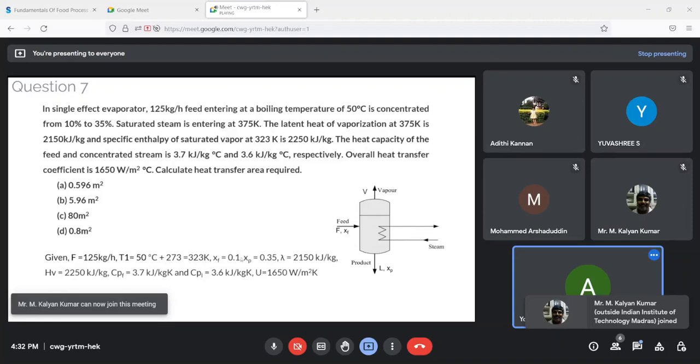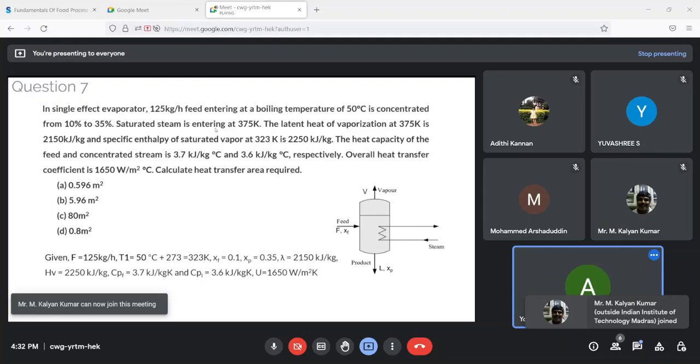And xF, that is the fraction of the total solids present in the feed, is 0.1, which is 10%. And in the concentrated product, it is 0.35. And the latent heat of vaporization at 375 Kelvin, which is also the temperature of the steam entering, is 2150 kilojoule per kg.